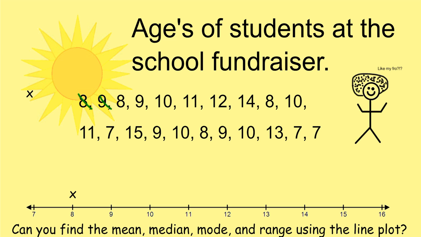And then I'd cross the next one out, and I'm going to drag an X down here for my line plot. I'll cross the next one out and drag an X again. And I'm going to keep doing this for every number. So I cross the 9 out, drag an X, then I cross the 10 out, drag an X.